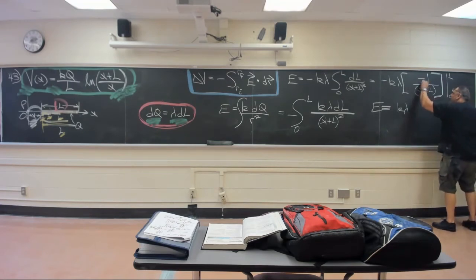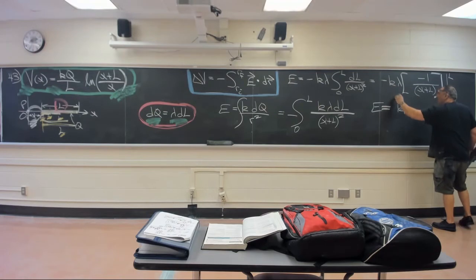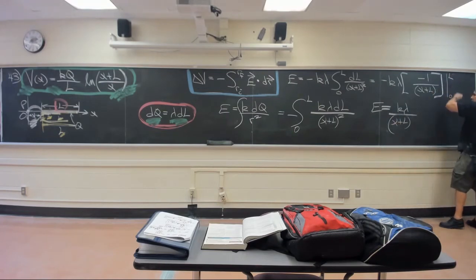We got negative 1 times negative k lambda over x plus L, evaluated between 0 and L. Put the L right here. That's x plus L, so we got a k lambda right here, and 1 over x plus L.